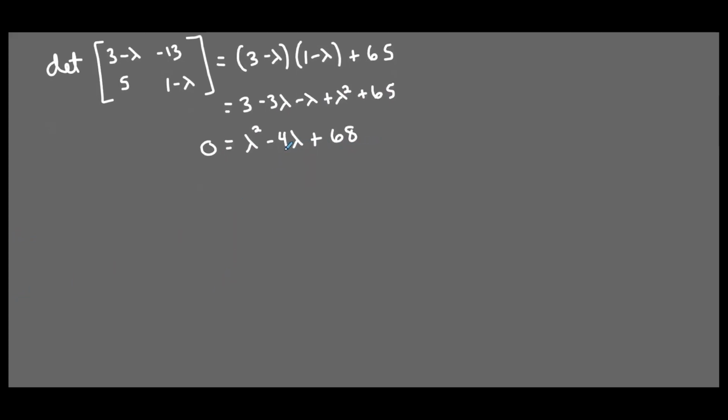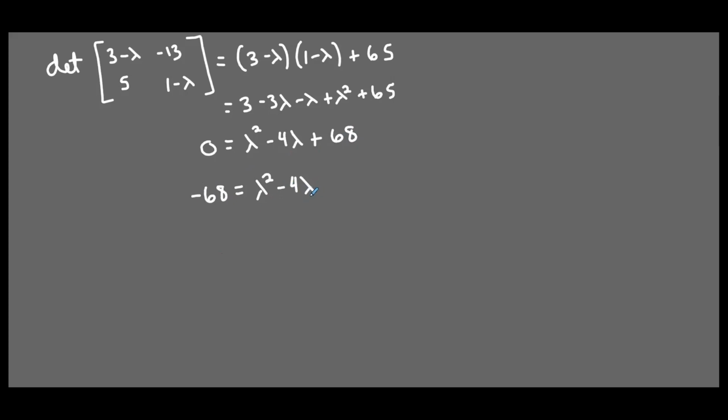So it doesn't look like it factors, so let's complete the square. So I'm going to move 68 to the other side. So I get negative 68 equals lambda squared minus 4 lambda.